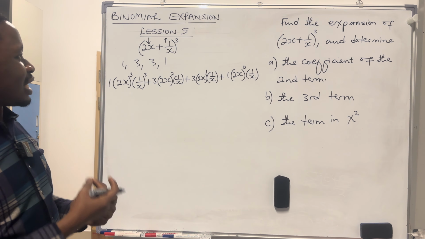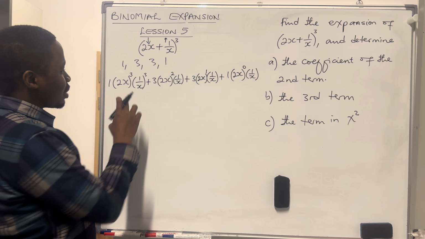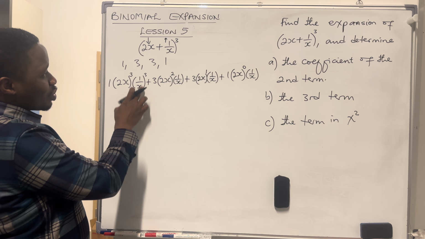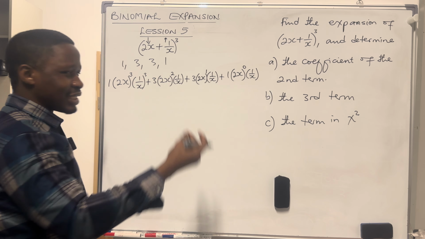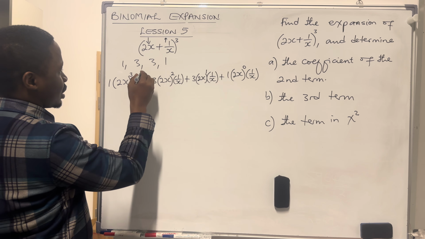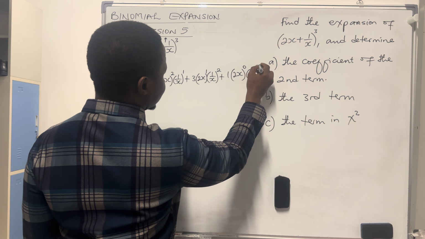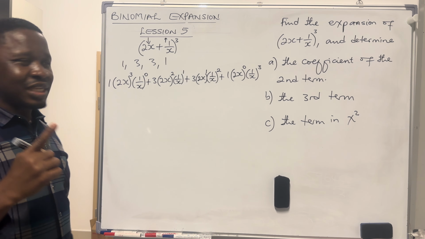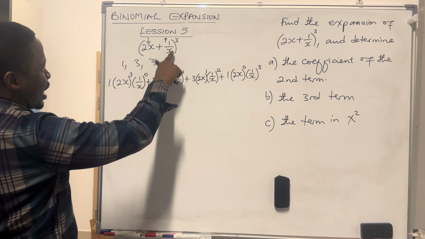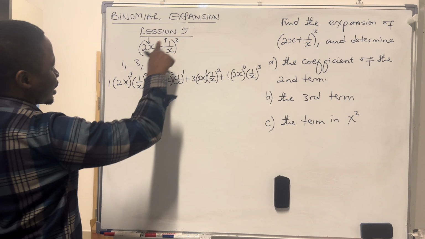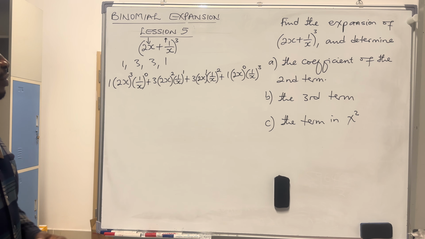Every power must be below or equal to 3. Since this one is increasing, 3, 4, 5, you violated the rule. So this one is 0, this is 1, this is 2, this is 3. And this one starts with this power and this one ends with this power. See, this is 3 and this is 3. I hope it is clear.